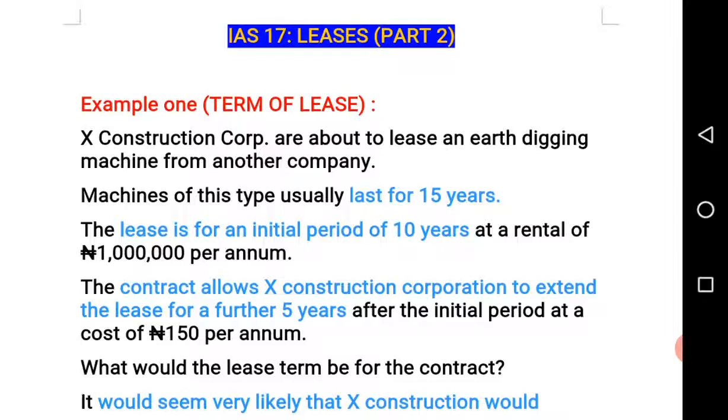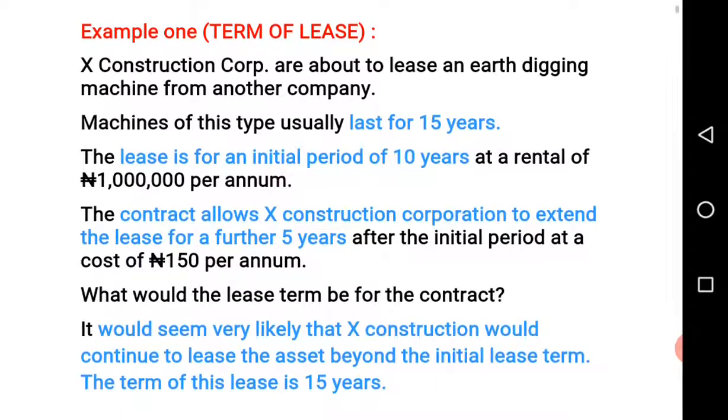The lease is for an initial period of 10 years at a rental of 1 million naira, whatever currency you use, per annum. The contract allows X Construction Corporation to extend the lease for a further 5 years after the initial period at a cost of 150 naira per annum. The question is, what would the lease term be for the contract?